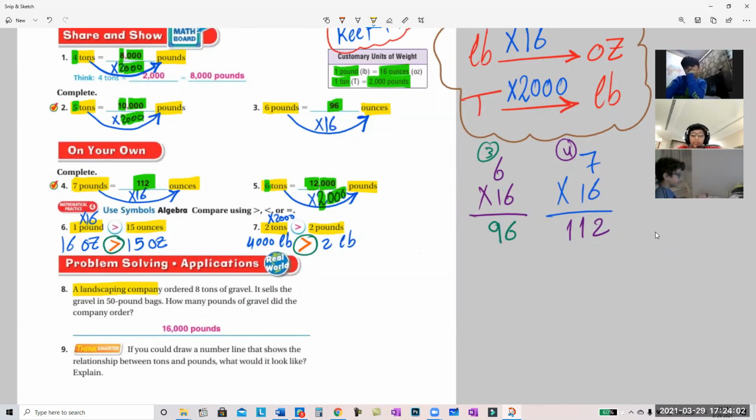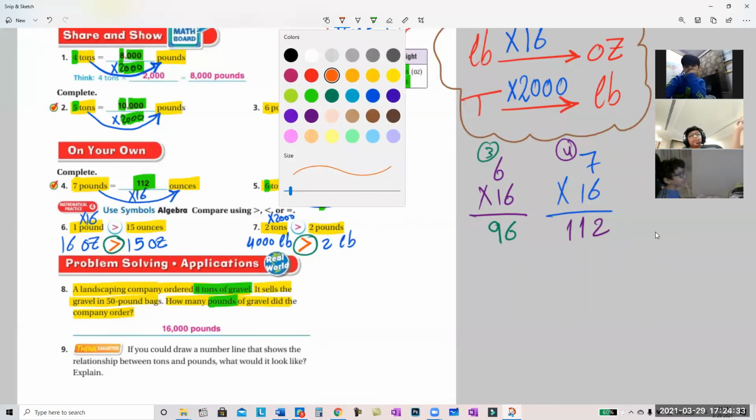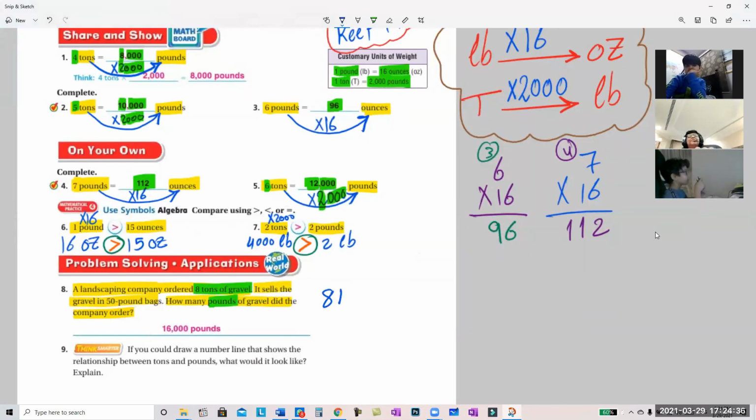A landscaping company ordered 8 tons of gravel. It sells the gravel in 50 pound bags. How many pounds of gravel did the company order? So now this company ordered 8 tons of gravel, right? And you are required to write it with pounds.